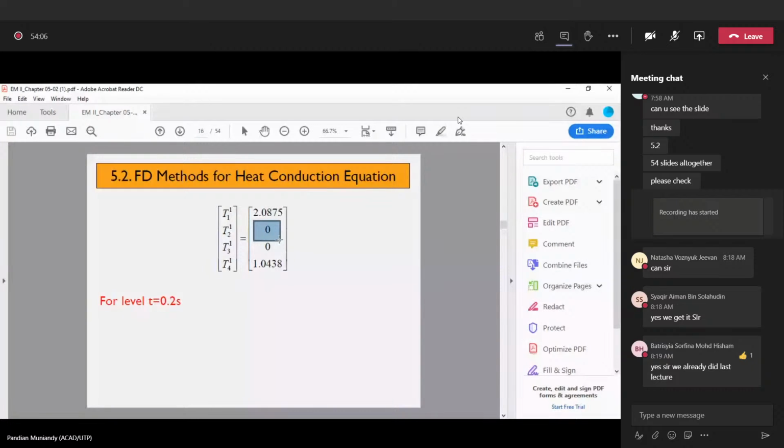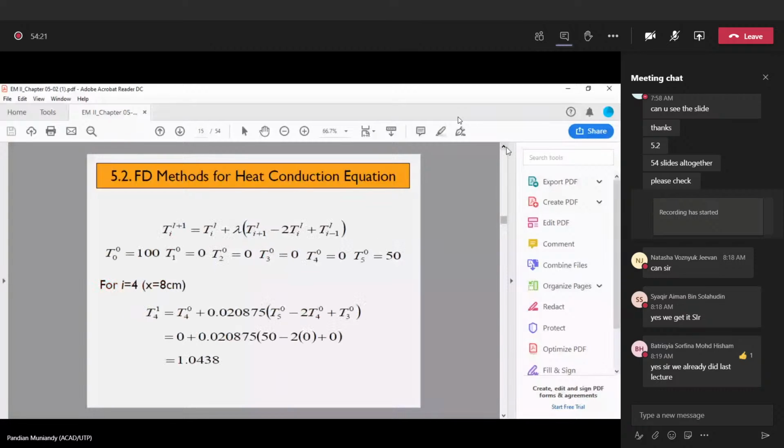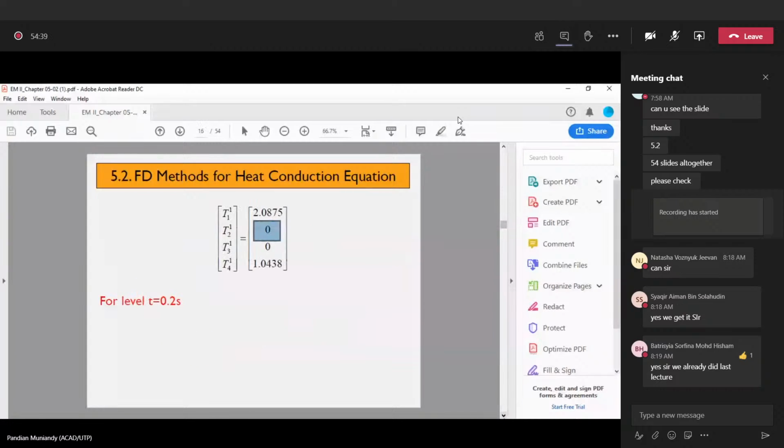Minus 2 multiplied by T superscript 1 subscript 1, which is 2.0875, plus T superscript 1 subscript 0, at level 1, at 0.